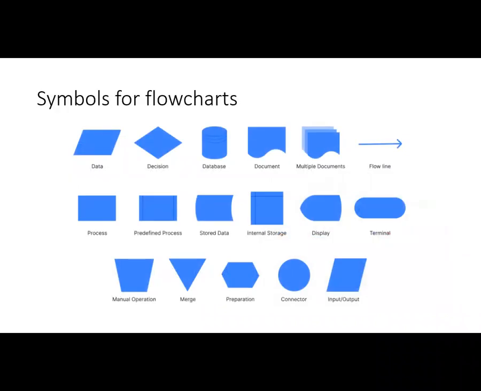So we have to write algorithms, and we have to draw some flowcharts. We use some specific symbols to draw flowcharts. These are the standard symbols used in flowcharts, but you don't need to remember them.